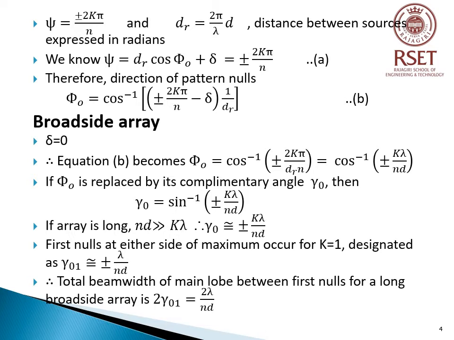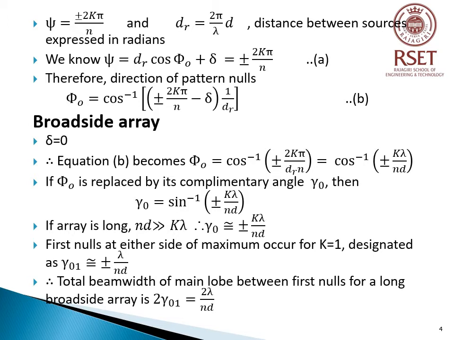And here we are using the notation phi naught because we are going to find the direction of nulls. Therefore psi is equal to dr cos phi naught plus delta, which is equal to plus or minus 2k pi by n. We want the direction of pattern null, so we want phi. So from expression A we can write phi naught as cos inverse of plus or minus 2k pi by n minus delta, into 1 by dr. So the expression for direction of pattern null is given by equation B.